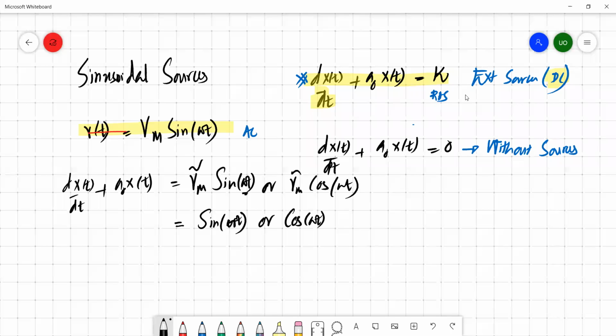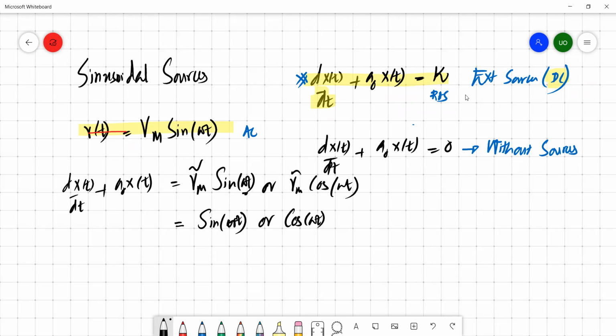We cannot guarantee that the amplitude is exactly Vm. It may be scaled up or down depending on the coefficients on the left hand side. But we can simply say that definitely the right hand side would be a sine function or cosine function.